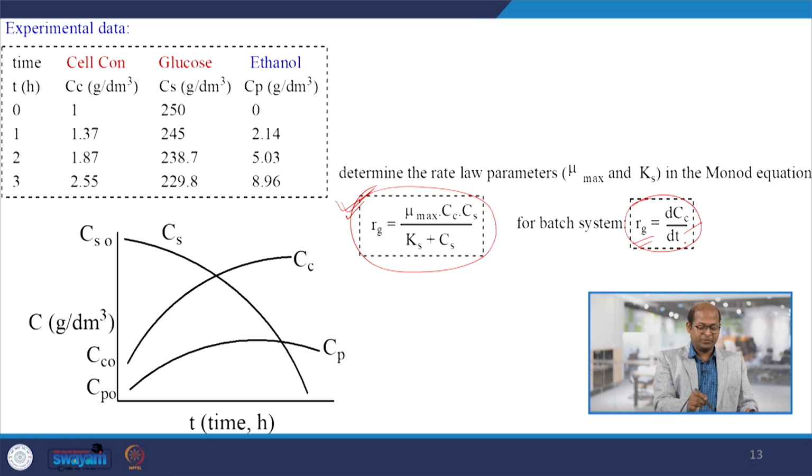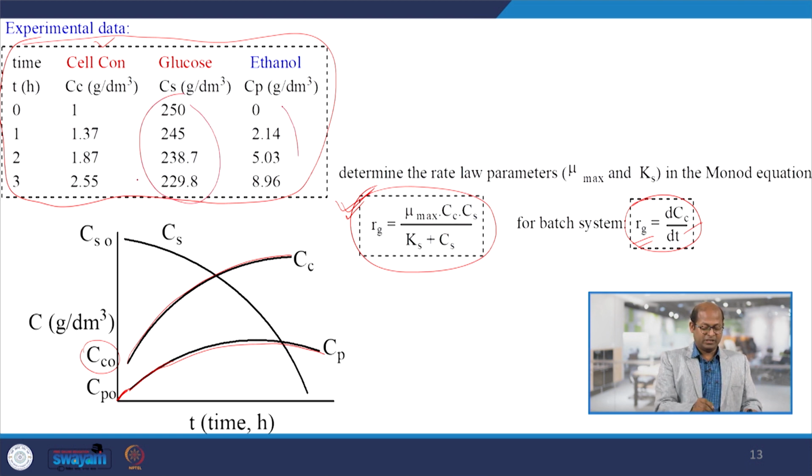Here, the experimental data is given, so you can plot time versus the concentration of the cells. The x axis is the time and the y axis is the cell concentration. The cell concentration initially was low, and with increasing time the cell concentration gradually increases. Similarly, the product concentration was initially 0 and gradually increases, and the substrate concentration was initially 250 and gradually decreased with increasing time.